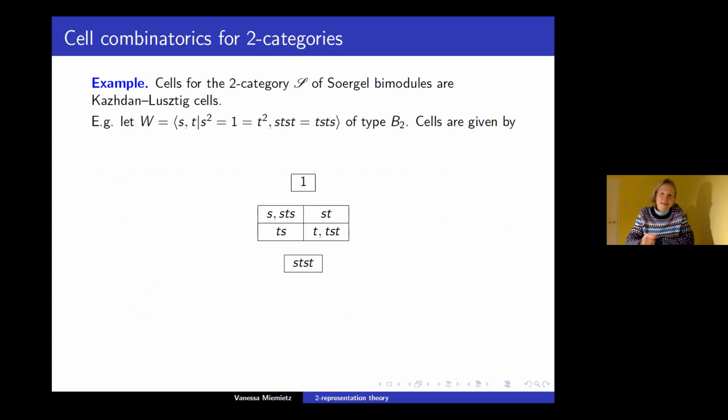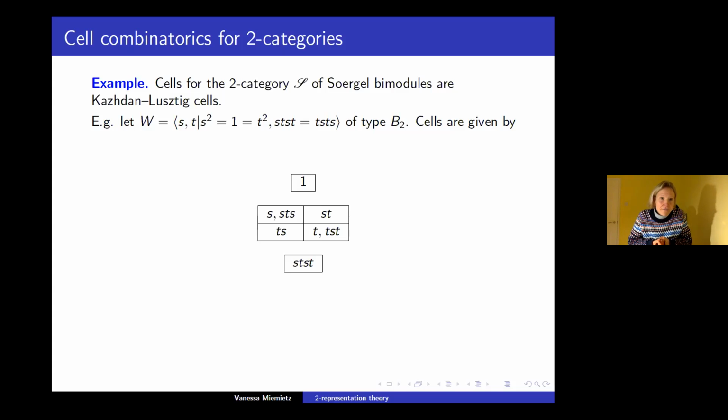Okay, so here's an example, and this is the same example that Soergel presented yesterday, because it's the smallest example where you can see something interesting. For Soergel bimodules, the cells that you get are simply the Kazhdan-Lusztig cells. All the categorification stuff wouldn't work if there weren't this correspondence.